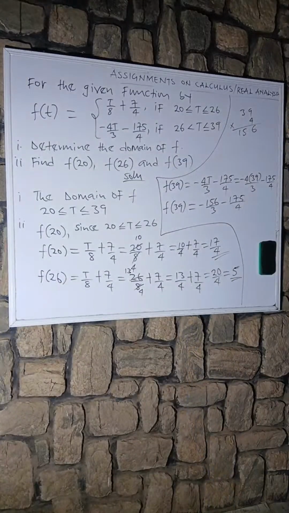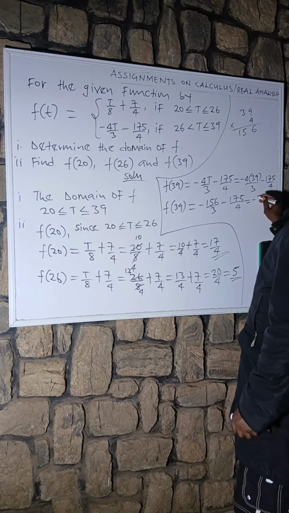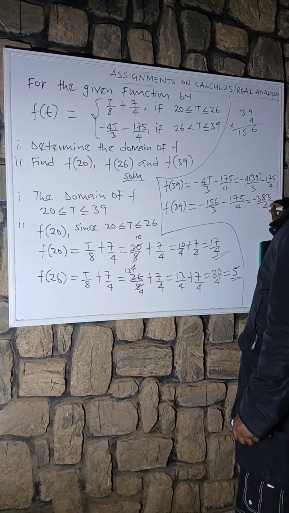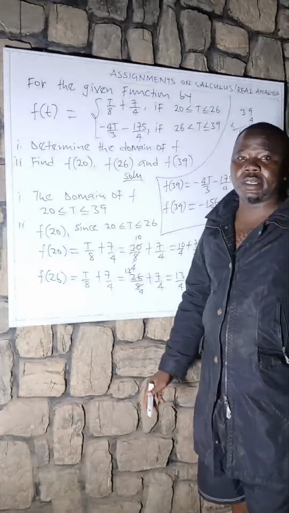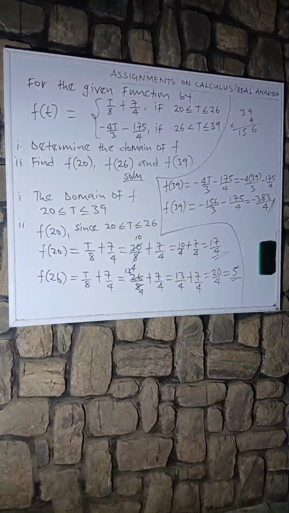The LCM of 3 and 4 is going to be 12. Any question? So far, so good. So in the long run, we are going to have minus 3838 all over 4. This will be the final answer. Any question, please? Ask your question, please. Any question?